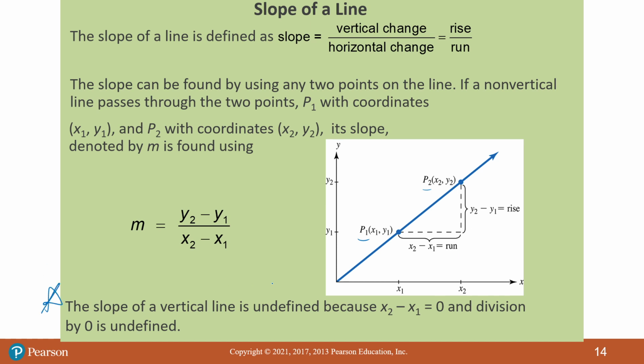Okay, the slope of a vertical line is undefined. If I were to draw a vertical line, it would look something like that. Slope is undefined because if we think about rise over run, if we rise from this point to this point, let's say we've risen 3, but we've run to the left or to the right, we have run 0.